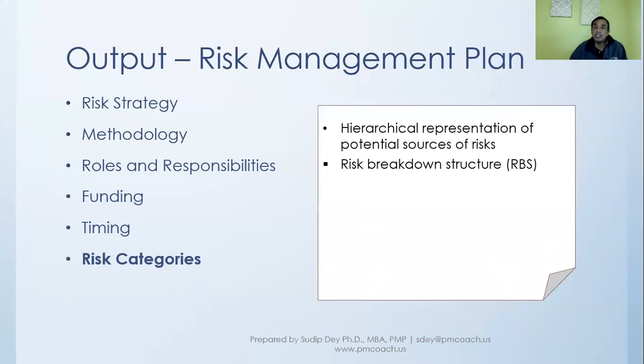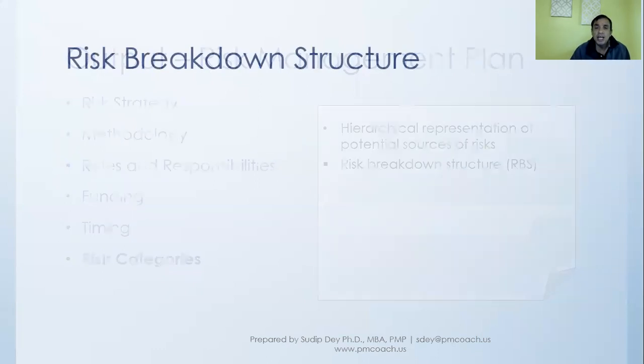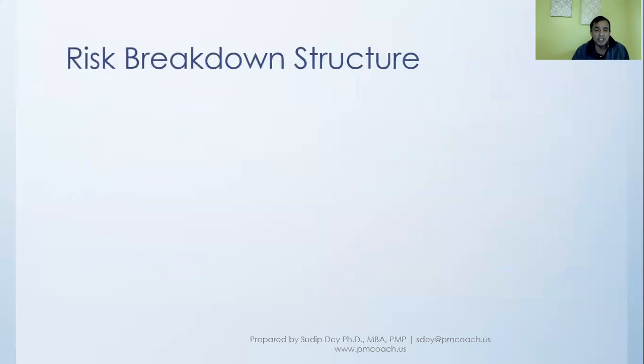Now we are talking about the risk breakdown structure. It is again a hierarchical representation like those breakdown structures, but this is about risks. So let's take an example and see what a risk breakdown structure looks like.